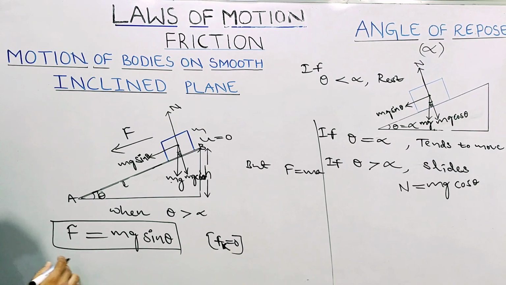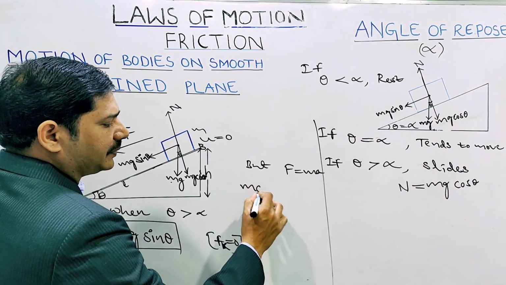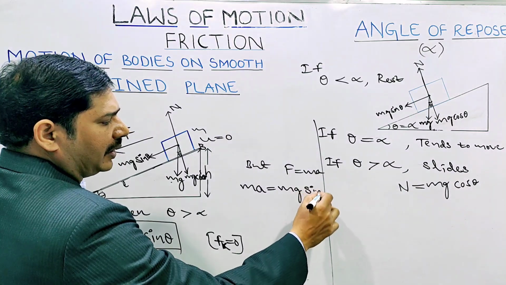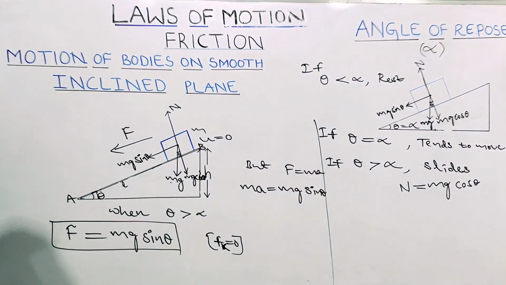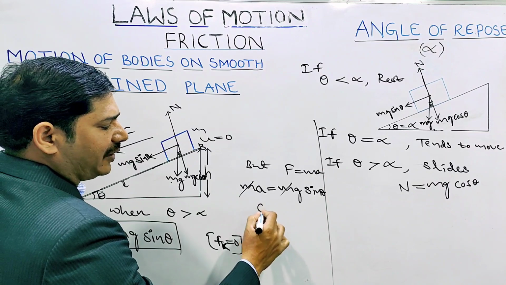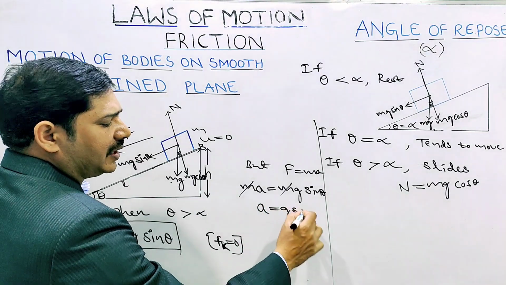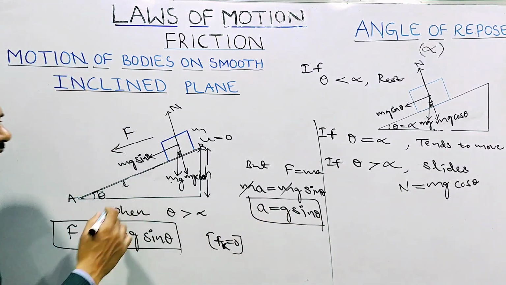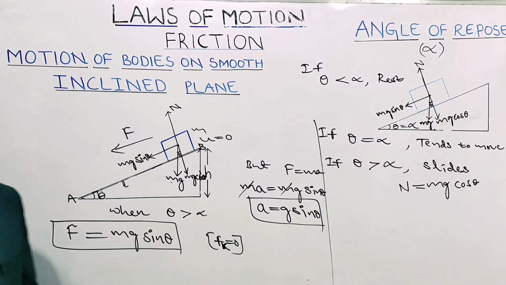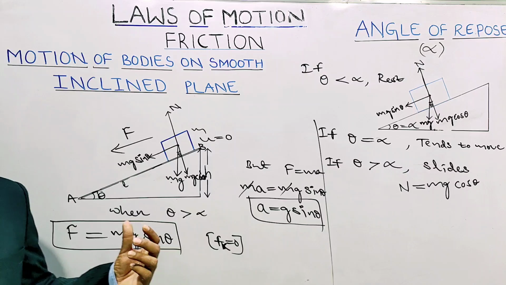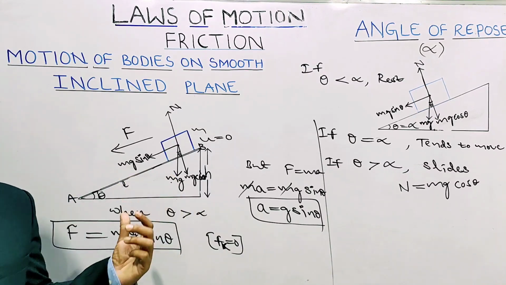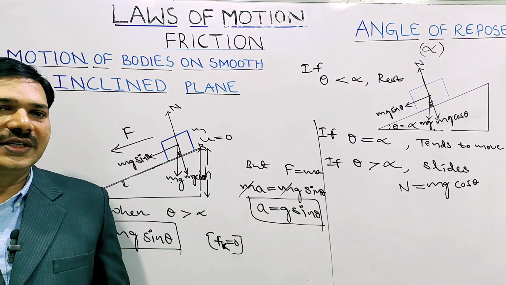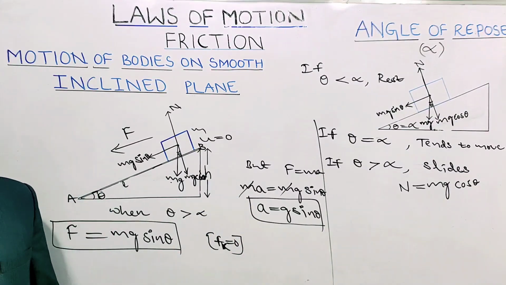Substitute here, instead of F: ma equals mg sin theta. The m gets cancelled, so a equals g sin theta. Remember these formulas. On a smooth inclined plane, the resultant force on the body is mg sin theta, and the acceleration of the body is a equals g sin theta.